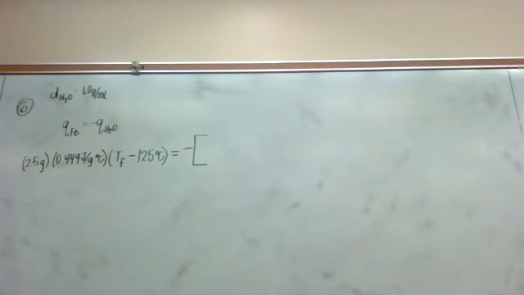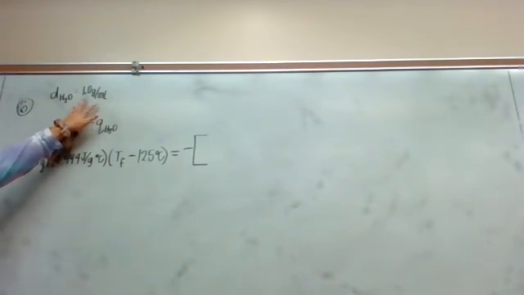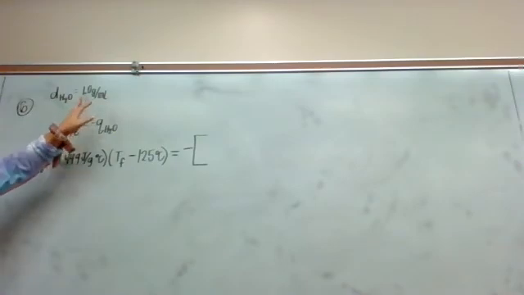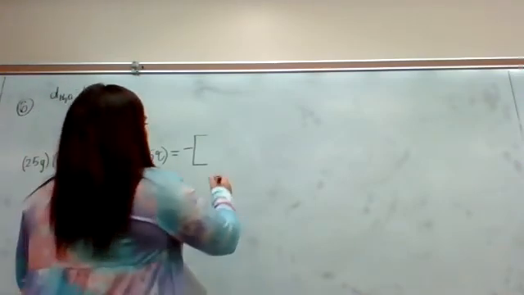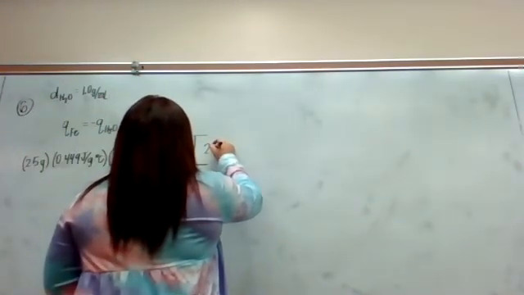All right, now I place the mass of water on that side. I didn't give you the mass of water, I gave you 25 mils of water. If you use the density of water, what's the mass of that? 25 grams.